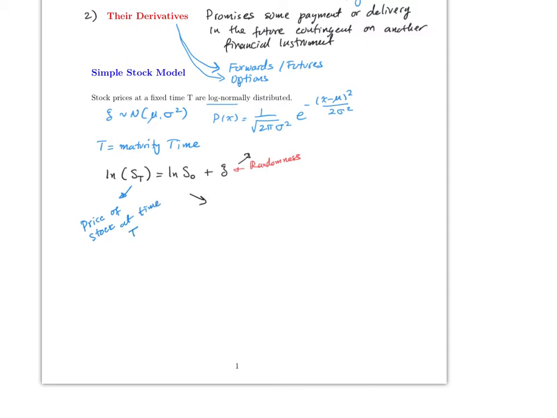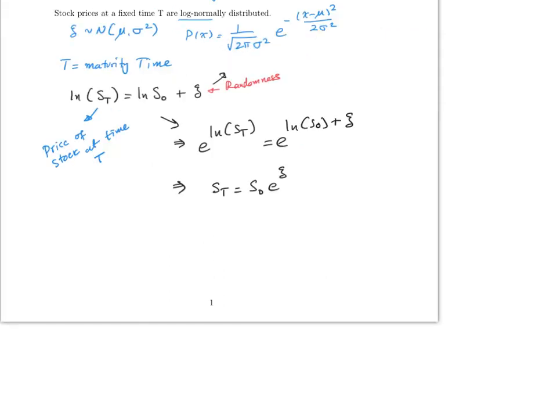Now you do some basic precalculus. Notice that you take e on both sides. This should be equal to this, which means that S_T will be equal to S_0, which is the initial price, or today's price, times e to the random variable.